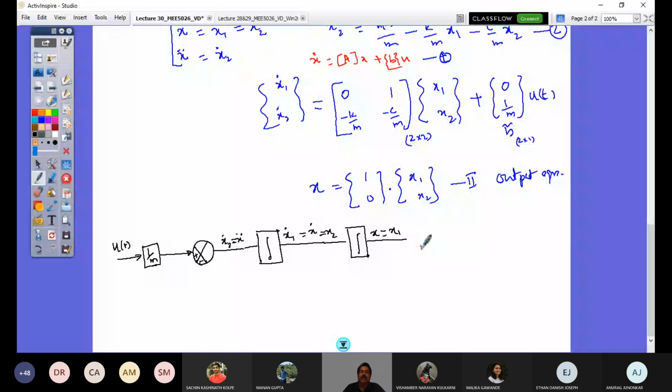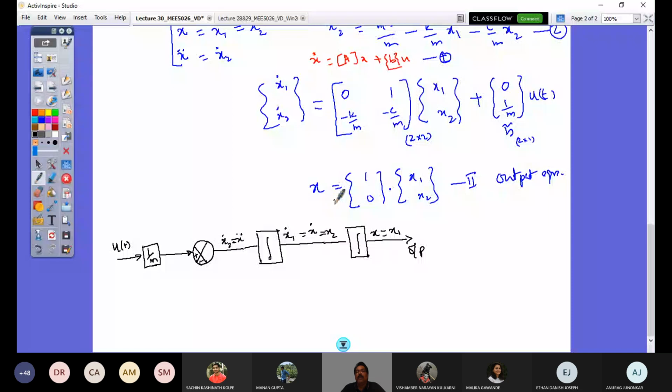Now you see, in between, what are the other transfer functions or parameters that are to be implemented. Whatever I get here, x2, look at my equation: x2 into minus c by m should come, and x1 into k by m.